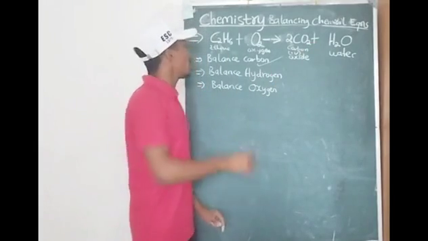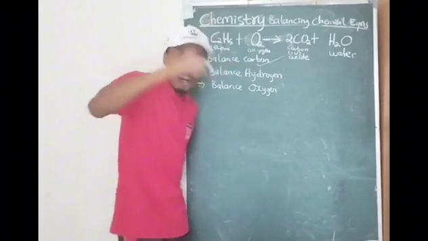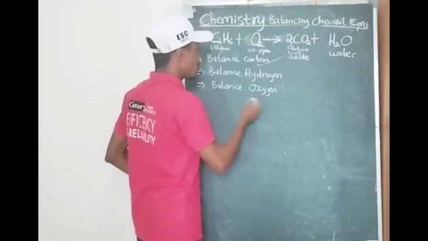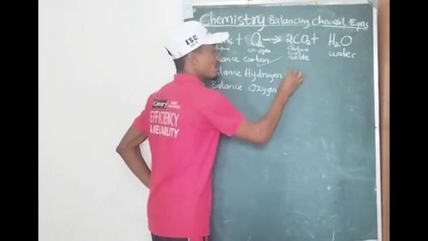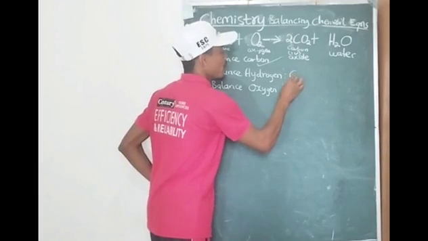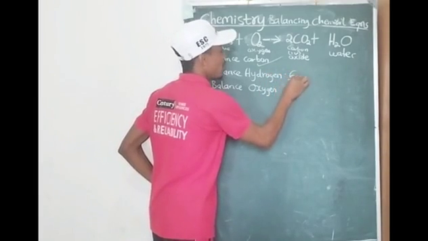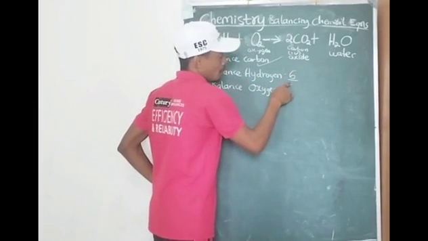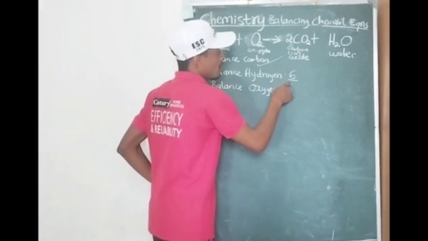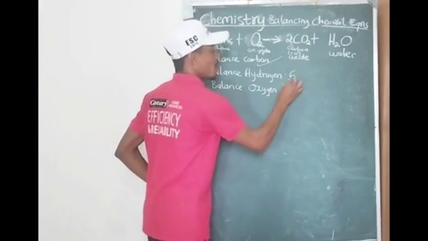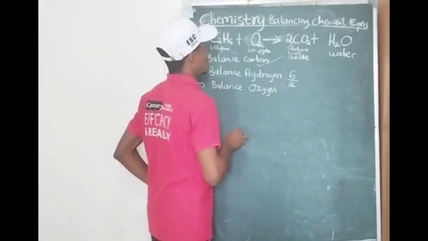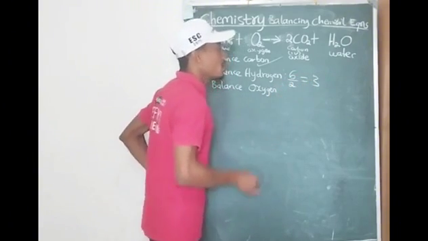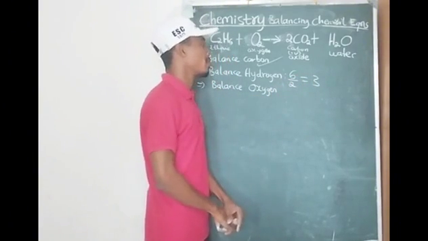How did I get that 3? 6 divided by something is going to give me that 3. Of course, that thing is 2. 6 divided by 2 will give me 3. So that is how I got that 3.